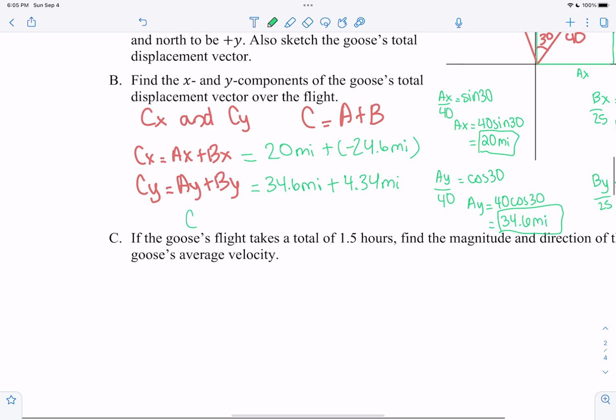That gives us Cx equal to what and Cy equal to what? I got negative 4.6 miles for Cx, and for Cy I got 38.98 miles roughly. Let me know if that's what you guys got as well.